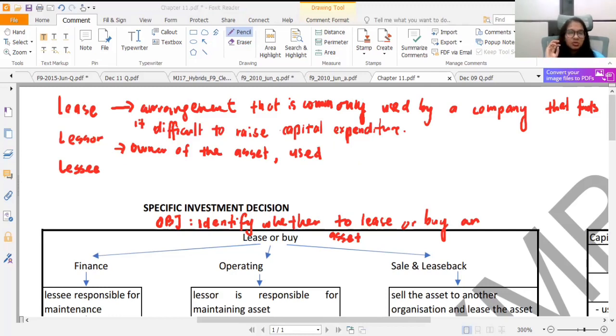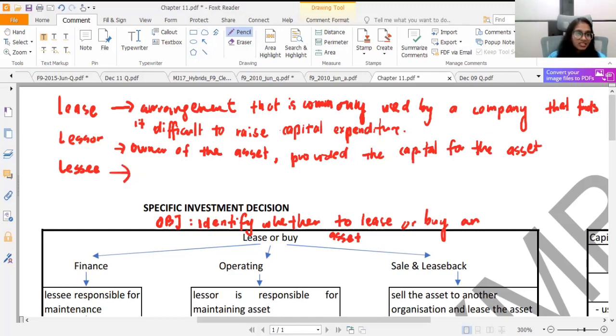Rather than saying use, he is the person who provided the capital for the asset. Now the lessee, I think you guys know who a lessee is.